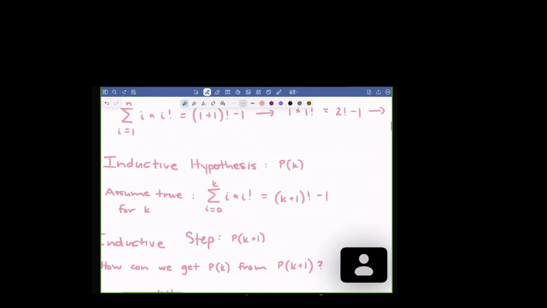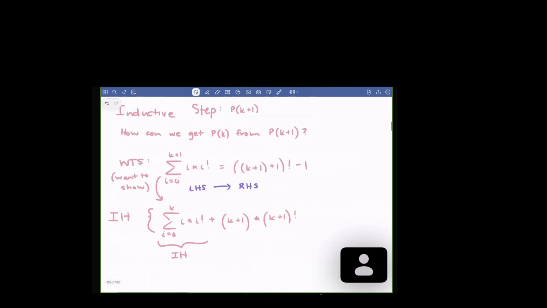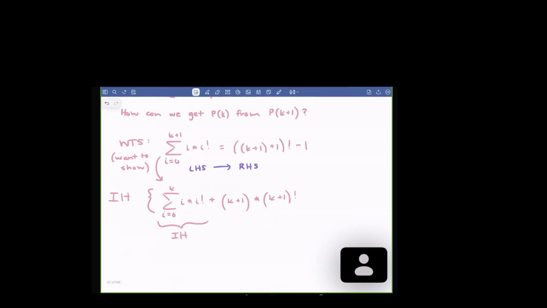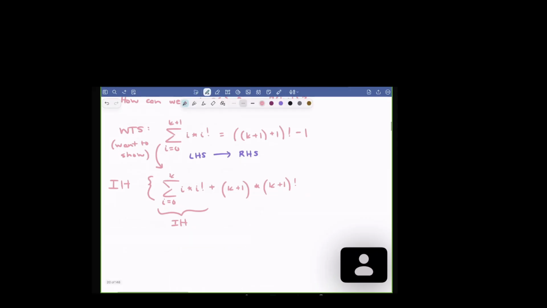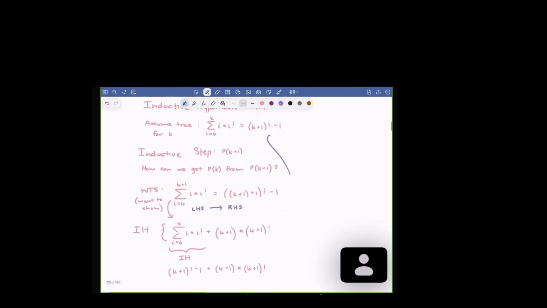So now I could substitute that in here. I just use my inductive hypothesis.